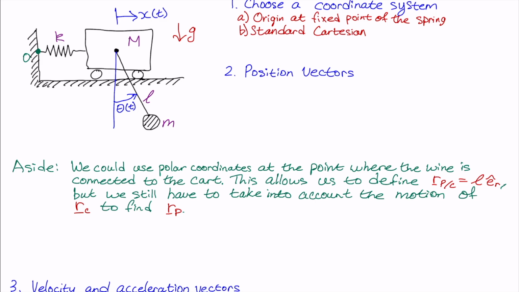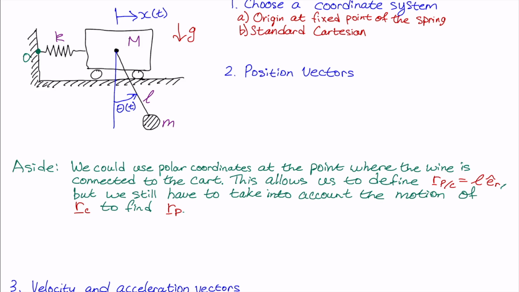And as a result, it is easier if we just start with a Cartesian coordinate system to begin with, and then we'll use relative position vectors to describe the position of the pendulum with respect to the cart, and then use that to determine the actual position of the pendulum with respect to the origin.